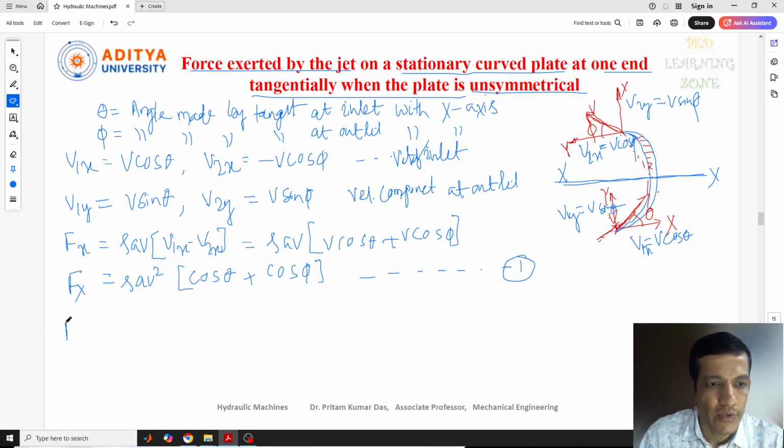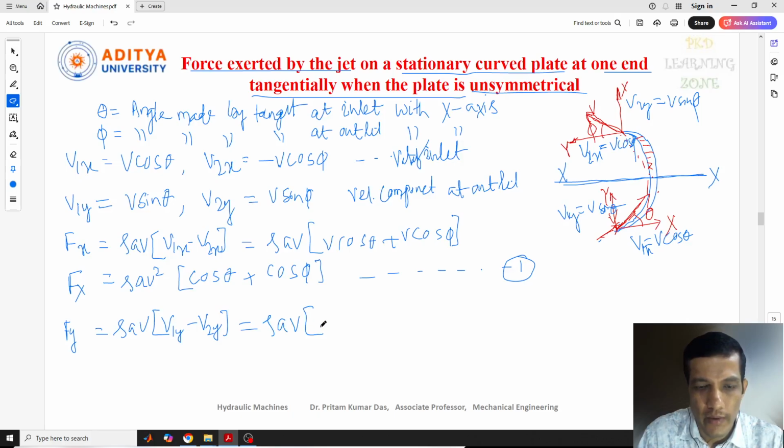Similarly, the force in the y direction, the force exerted by the jet in the direction of y. Similarly, we write rho a v, v1y minus v2y. Now putting the values, rho a v, v sin theta minus v sin phi.